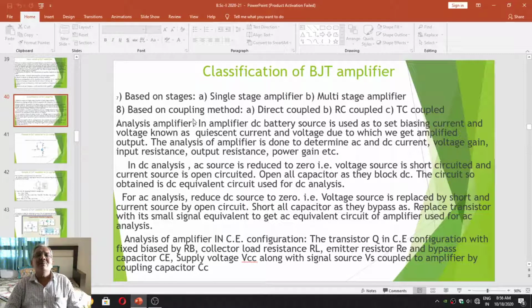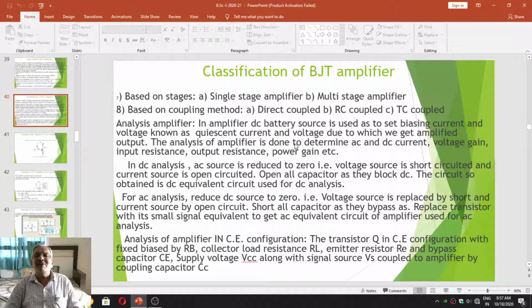So let us begin to understand the description-wise meaning of analysis of amplifier. In an amplifier, a DC battery source is used to set the biasing current and voltage, known as the quiescent current and voltage, due to which we get amplified output. That means one has to stabilize the position of the operating point by supplying the proper magnitude of DC supply.